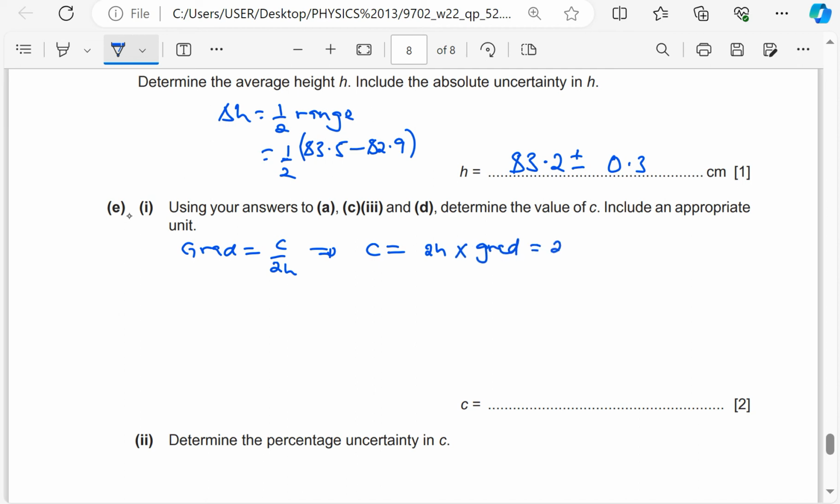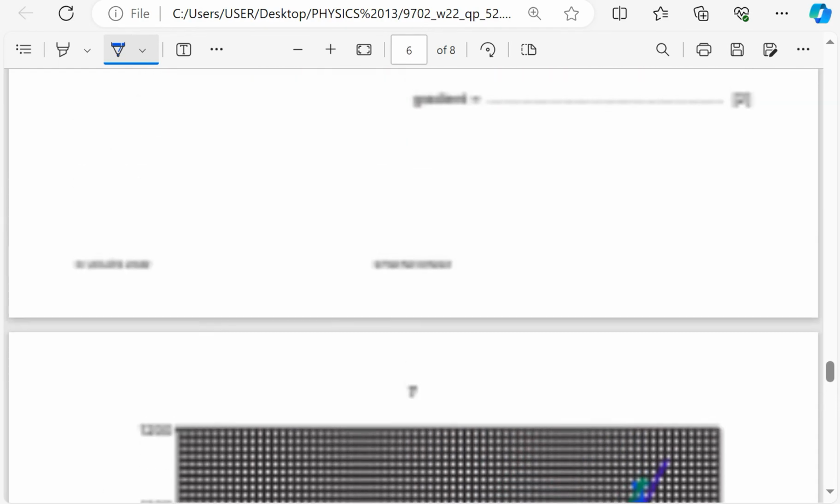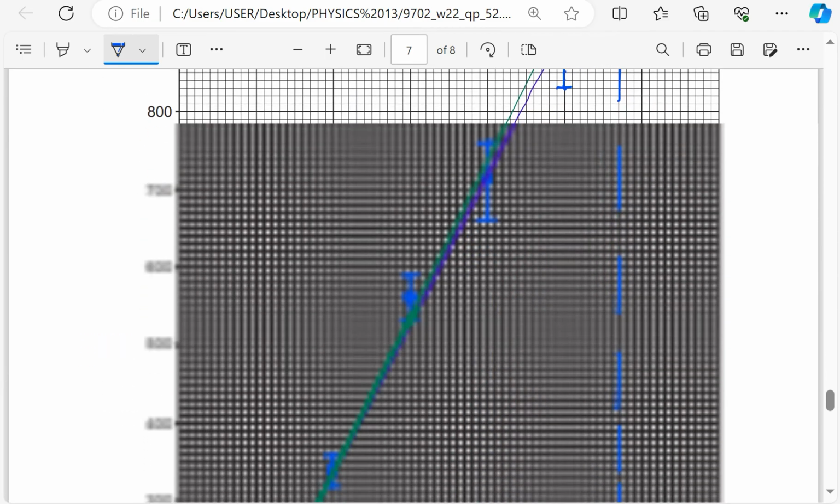So this is going to be 2 times 83.2 times the gradient, which is 189.1.